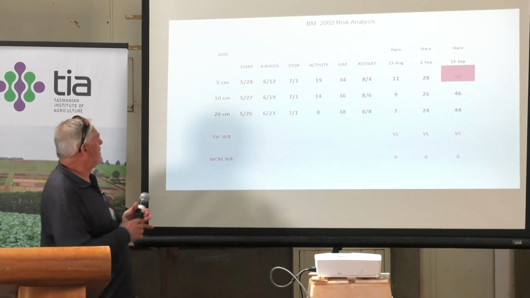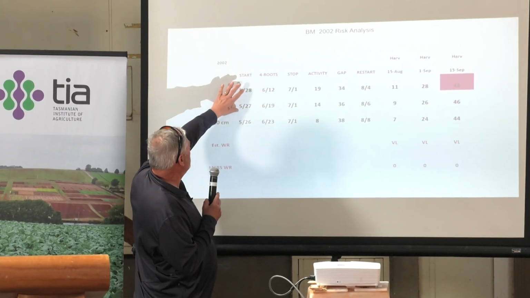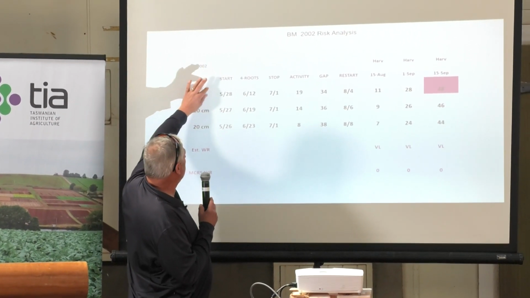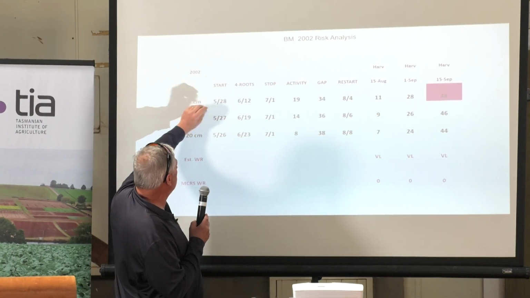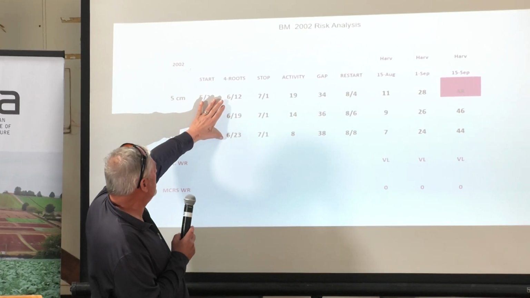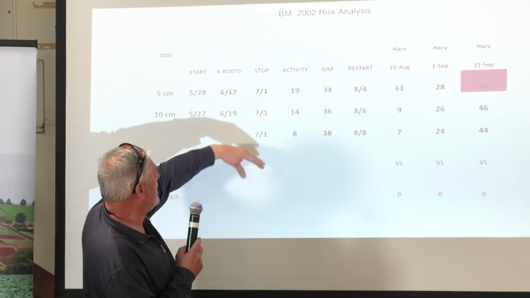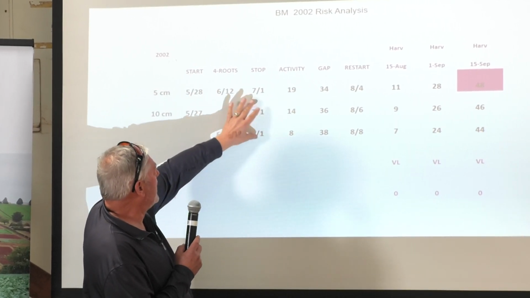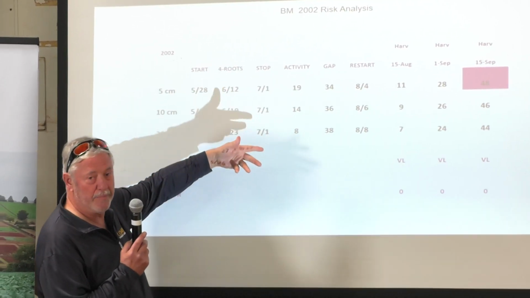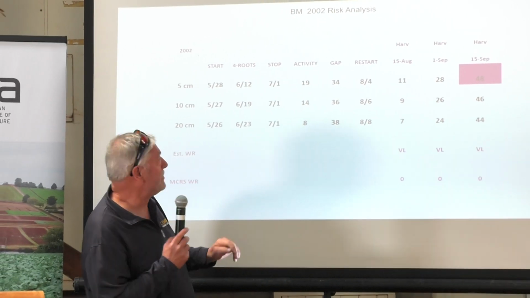So looking at their data, this is kind of hard to see, but anyway, they had roots by mid-June, but the fungus would have stopped activity at all soil depths around the 1st of July. And so this is the number of days it spent in a potentially active stage, which is far less than it needs to cause symptoms.